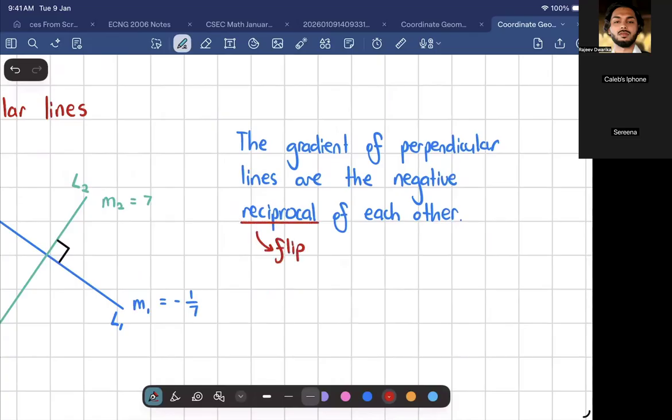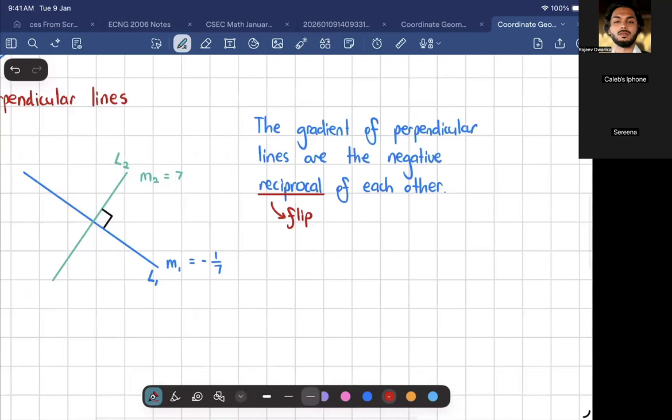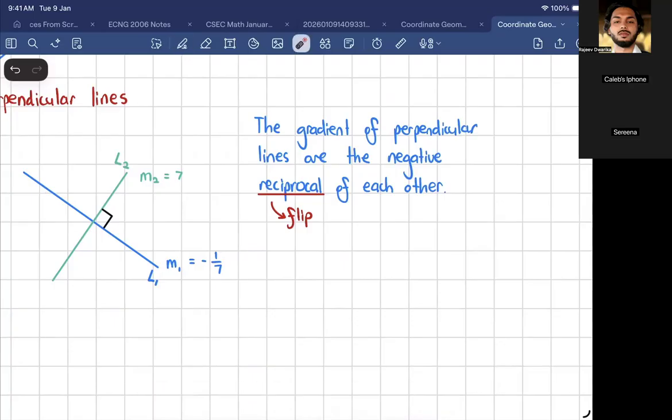So long story short, if two lines are perpendicular and you want to find the gradient of the other line, given one line, let's just say you were given the gradient as 7. Isn't 7 the same thing as 7 over 1? Yes. I want you to flip that upside down. If you flip it, what would you get? One over 7.